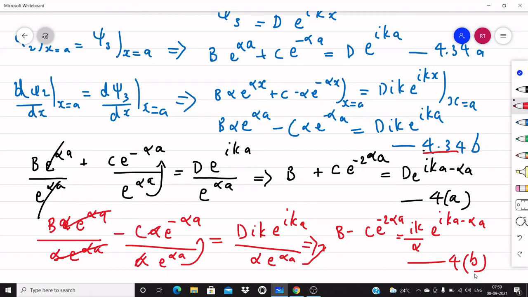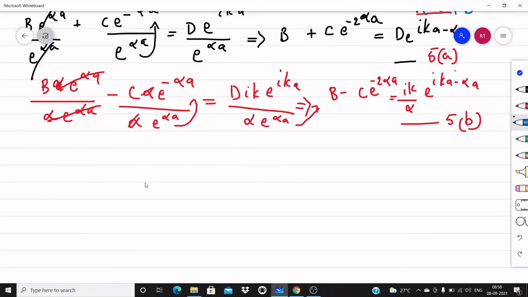Now let us call these with other numbers, because we already have given different numbers using 4 point. So I'm going to call this 5a and 5b. Okay, so these are the new equations.